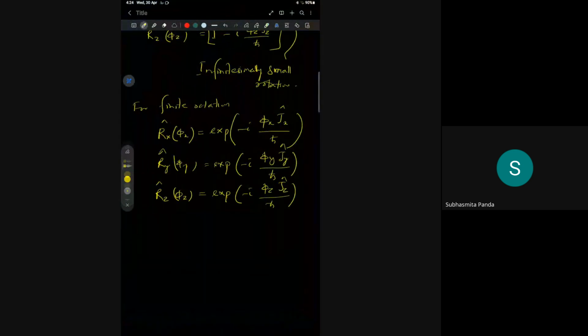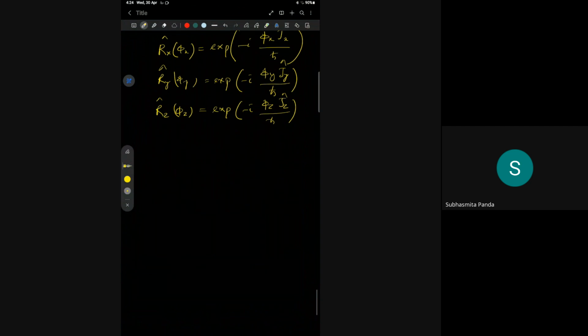Suppose you take an energy operator. All of you know what the energy operator is: the Hamiltonian, right? H is basically p square by 2m plus V, the potential, right?